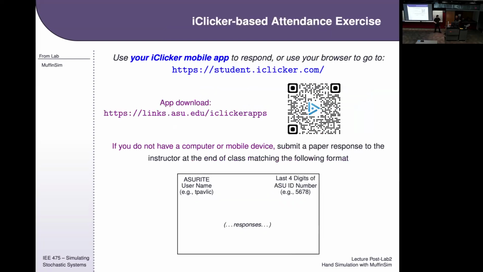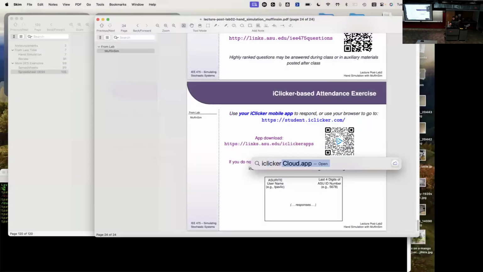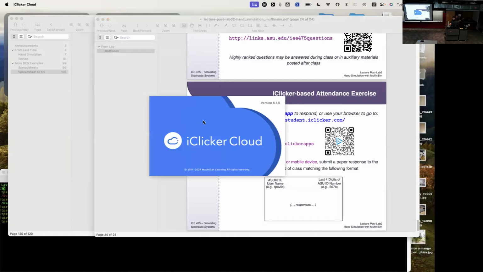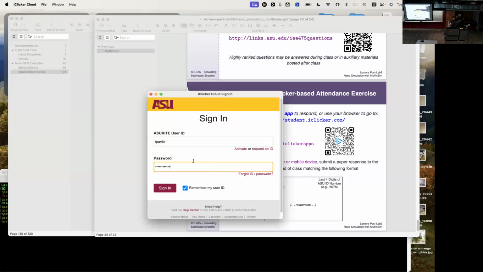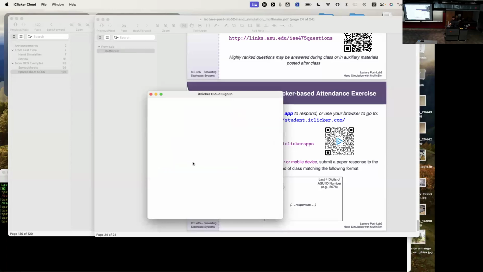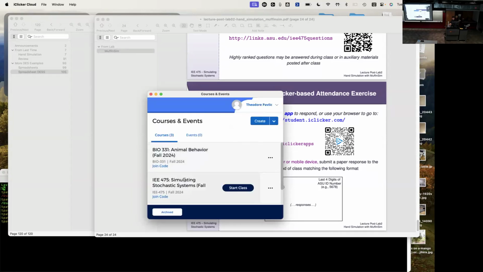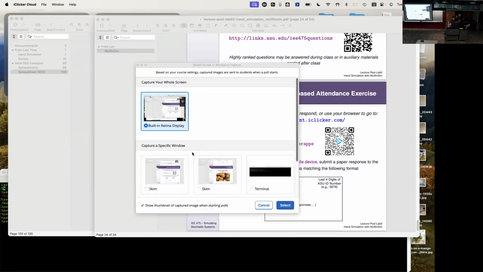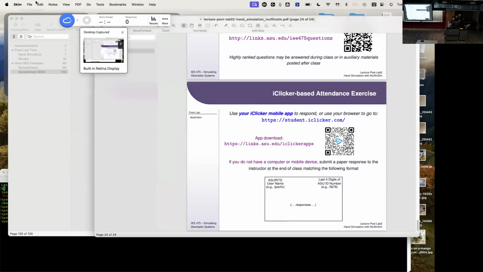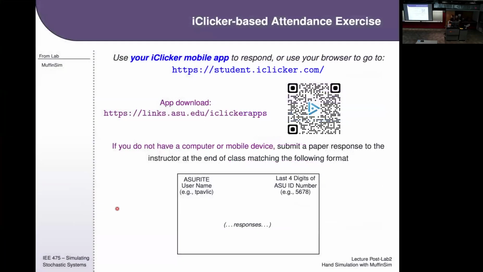All right, so in that case, let me pull up iClicker. All right, so it should be running.